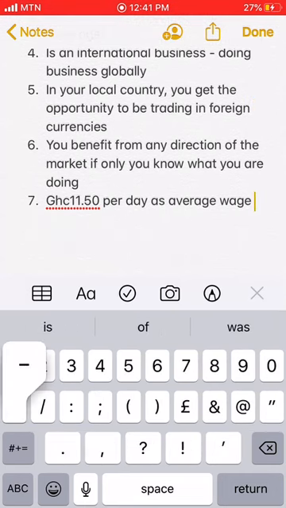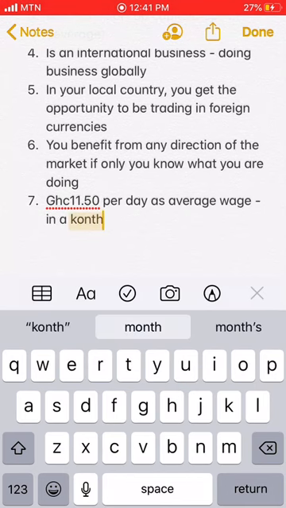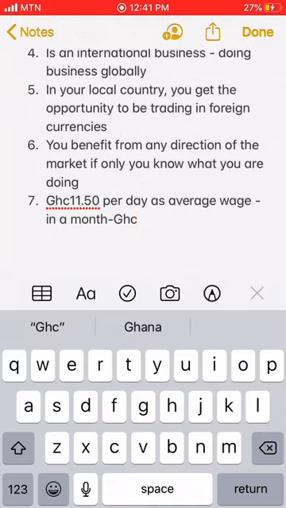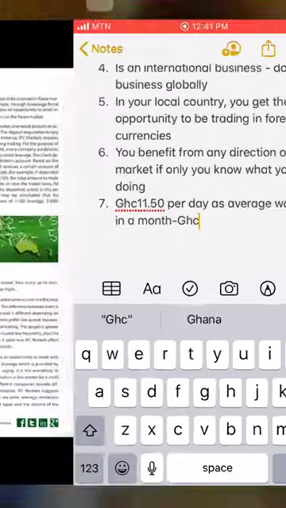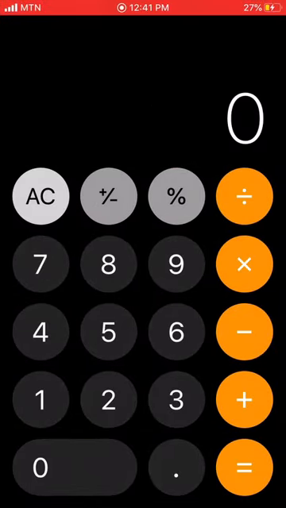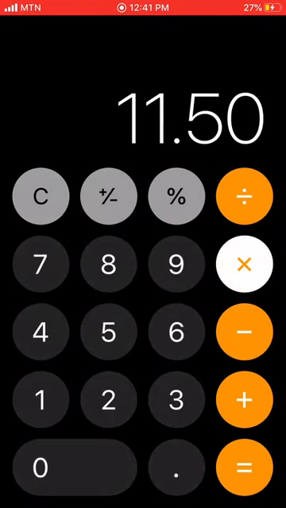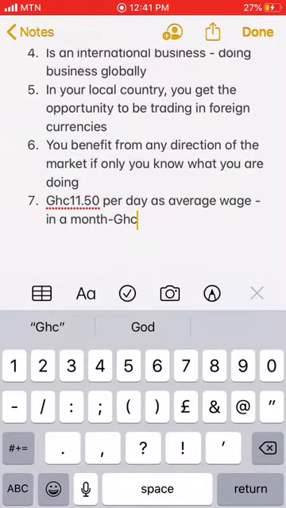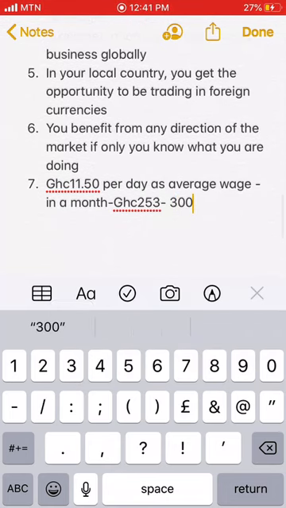That means in a month you have 11.50 times, let's say 22 days, which is 253. So let's say 300 cedis as salary for the month.